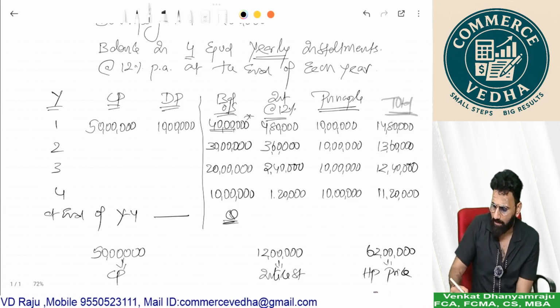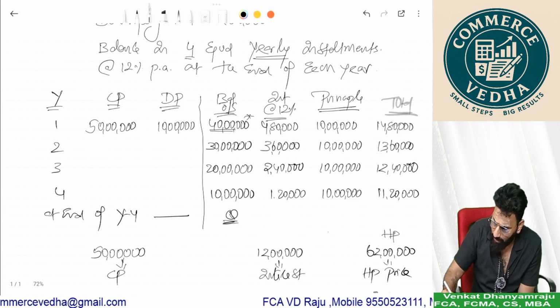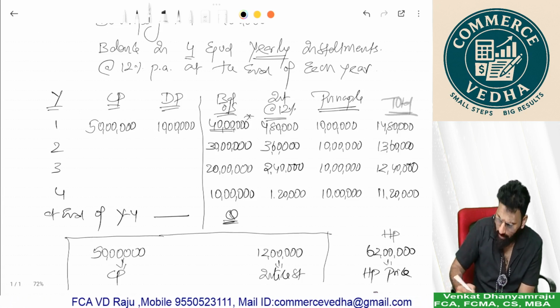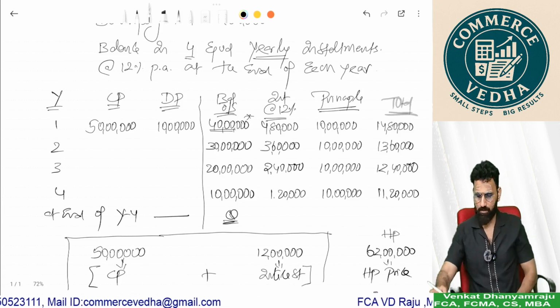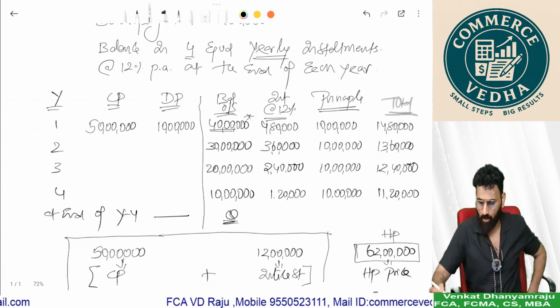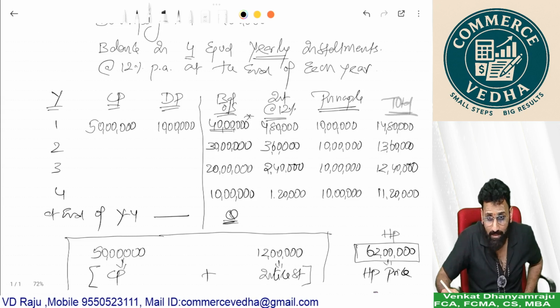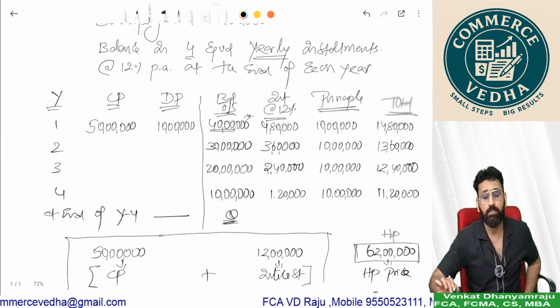So, as I told you, hire purchase price is a combination of cash price plus interest. So your cash price is 50 lakhs and your interest is 12 lakhs and your hire purchase price is 62 lakhs.